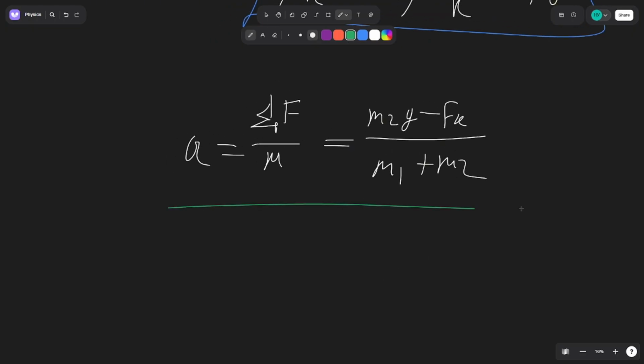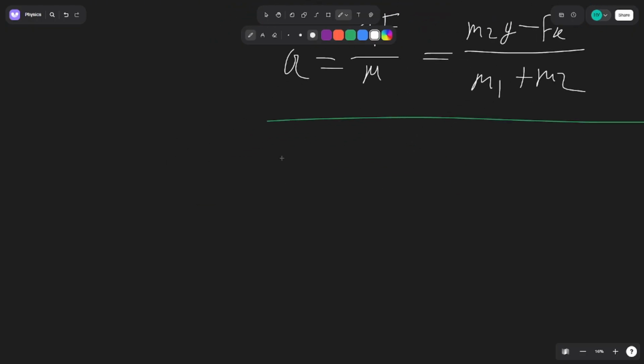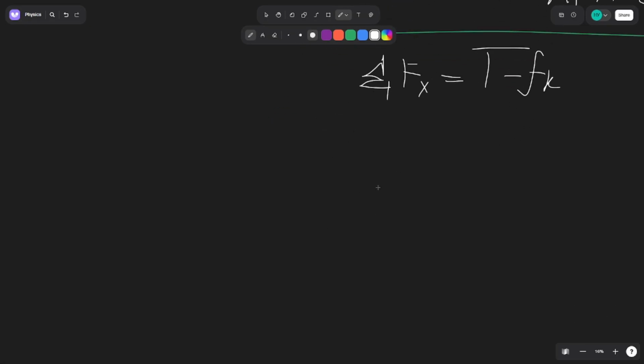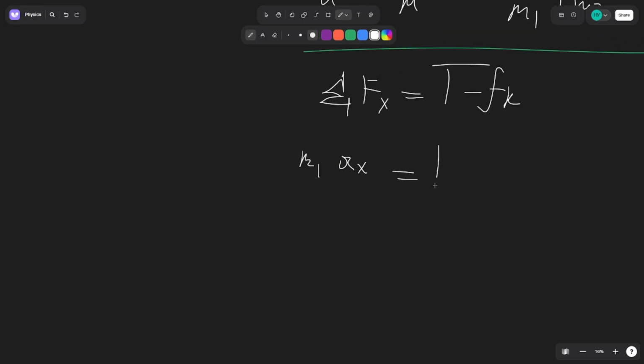So therefore, the sum of forces applied on the x-intercept is gonna be tension minus kinetic friction. And therefore, m1ax equals tension minus mu k m1g.